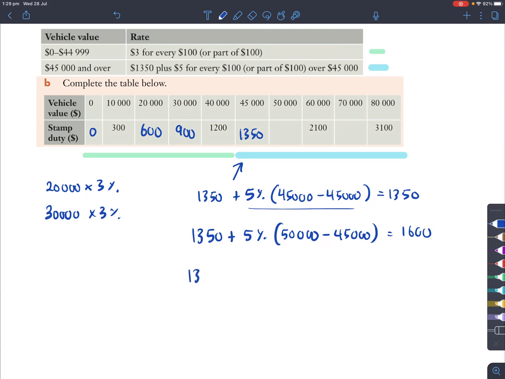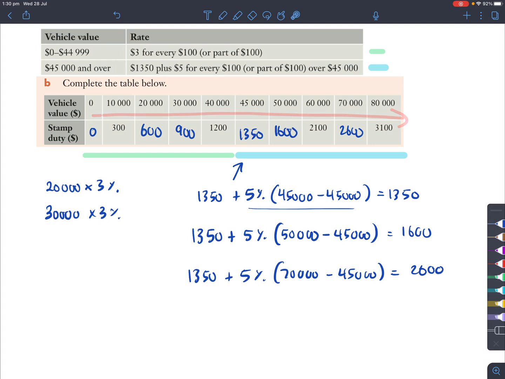So 1,350 plus 5% times 70,000 minus 45,000, and that would equal 2,600. So let's put all those values in. You can see that as the vehicle value goes up, the stamp duty also increases. So the more expensive the car is, the more stamp duty or tax you have to pay to the government.